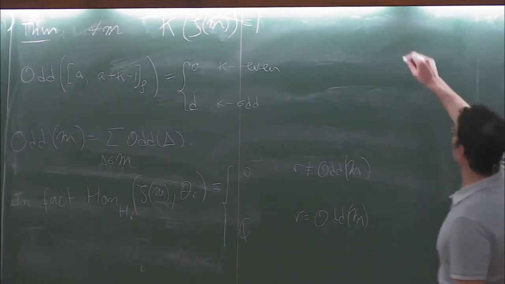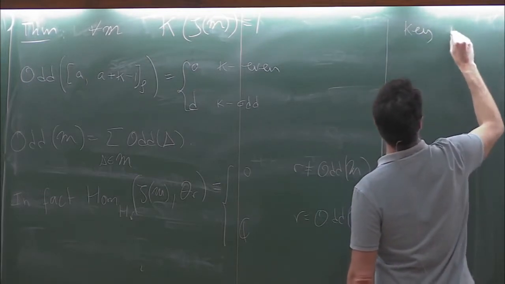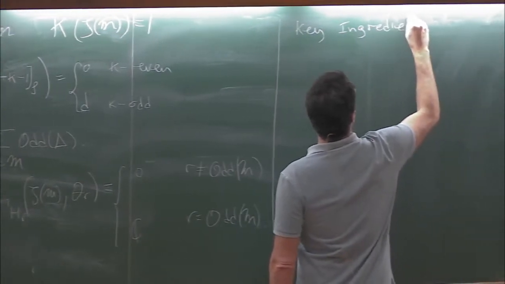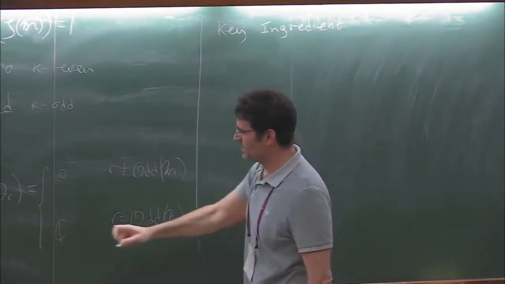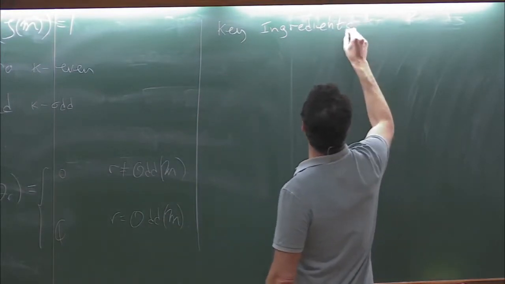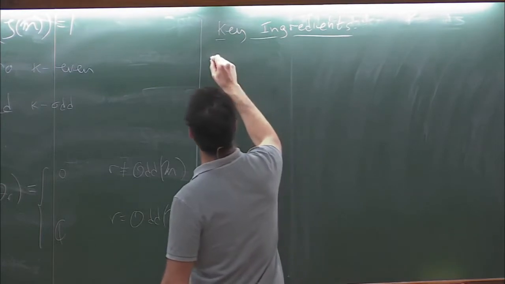Okay, so what are the ingredients? So the key ingredient is really this result for symplectic period, and that's already in the paper with Mitra and Sayag.